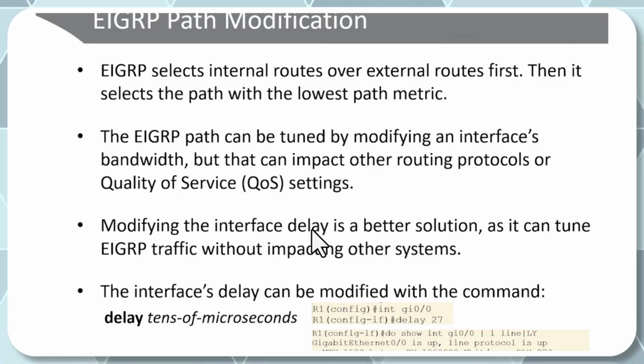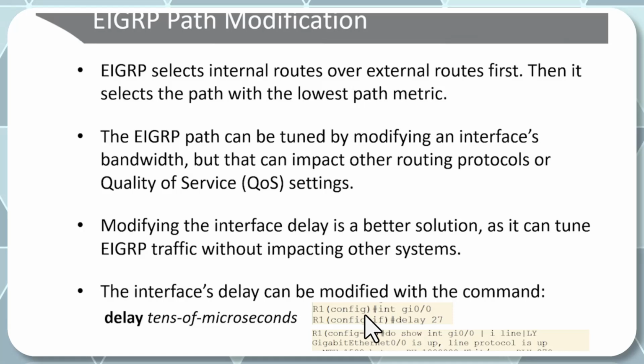Modifying interface delay is a better solution. You can change the delay so that you can define from where the traffic will move, and it can tune EIGRP traffic without impacting other systems. The interface delay can be modified with the command delay in tens of microseconds.